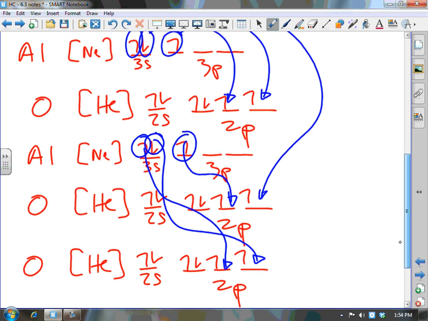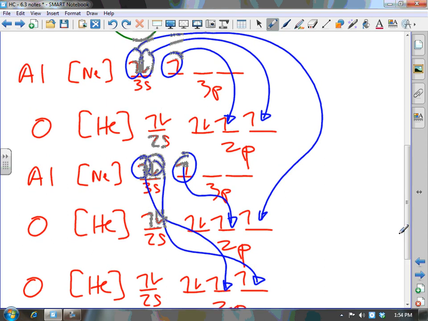Now, we draw the orbital notation. This is where it gets kind of messy. Again, I'm not going to have you do a ton of these, but we do need to be able to not only determine how many electrons are being moved, but also where they're at from the orbital perspective. So if we see here, we have this first aluminum up top. It has 3 electrons, and we see where they go. There's number 1, 2, 3. That aluminum's set. This oxygen is set.